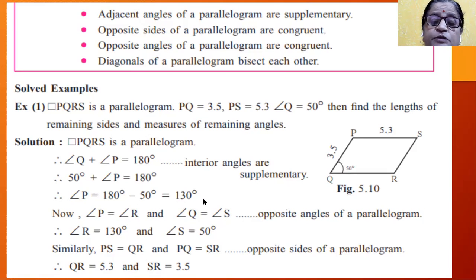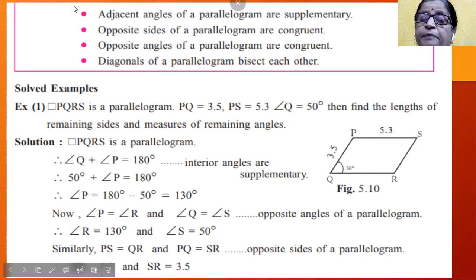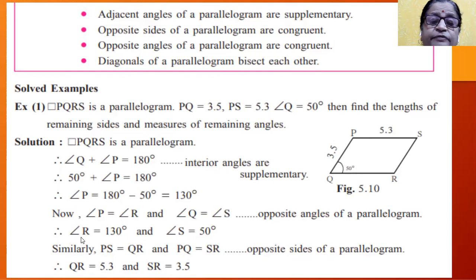Angle P's measure is 130 degrees. Now you know that angle P's opposite angle is R and Q's opposite angle is S. Therefore, angle P is equal to angle R and angle Q is equal to angle S, as opposite angles of a parallelogram are congruent.